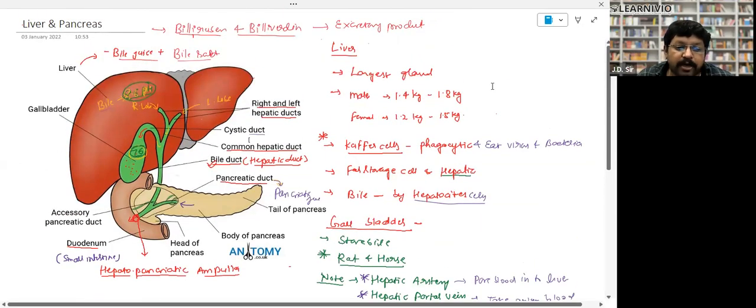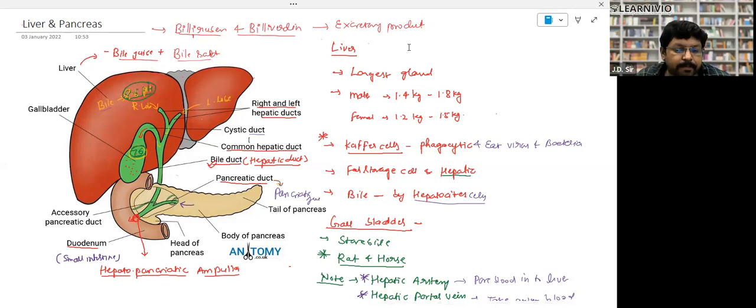Next important point which I want to tell you. Bilirubin and biliverdin give yellow green color to bile juice.